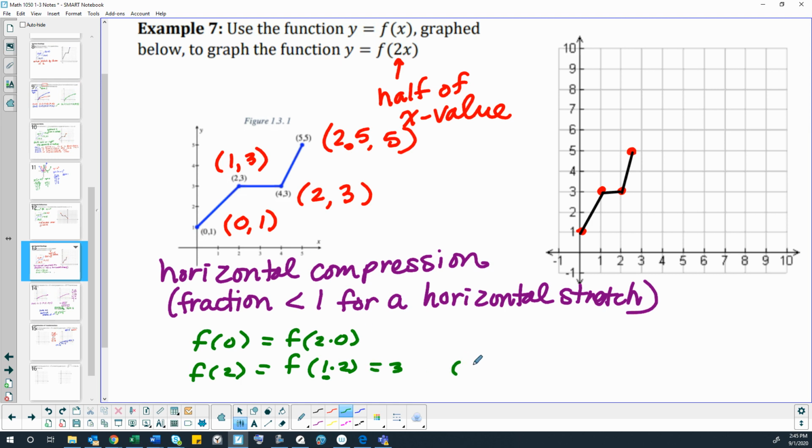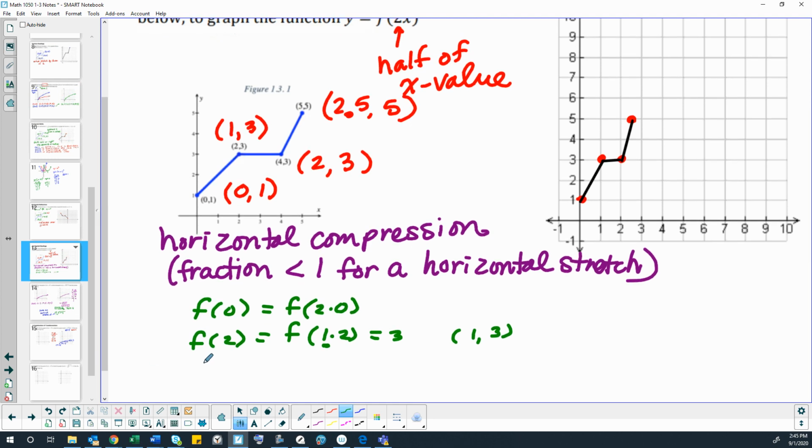So the point that gets graphed is instead of at 2, 3, it's at 1, 3 because it's kind of like the opposite because we're trying to get to that x value that we plug in to get that y value. So that's why we have this point at 1, 3. Same idea on each of these. So if we have f of 4, we're going to get that by going f of 2 times 2. And so that would give us a point at 2, 3 instead of at 4, 3.